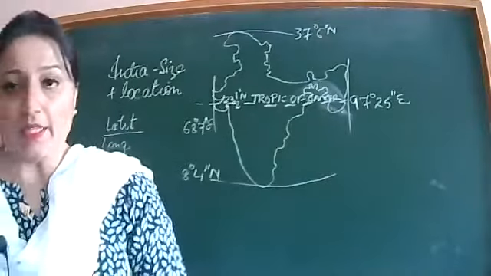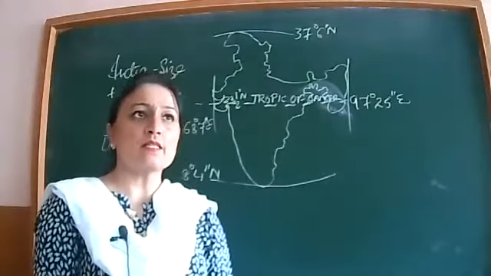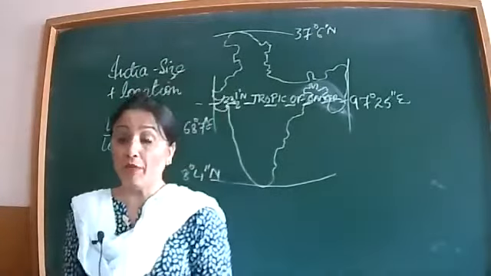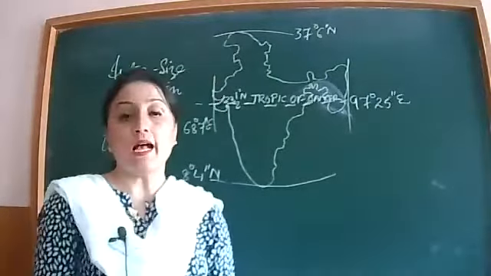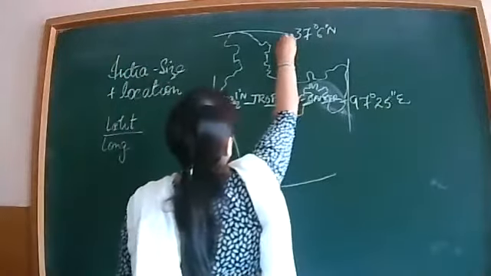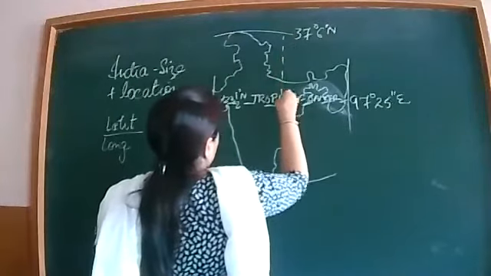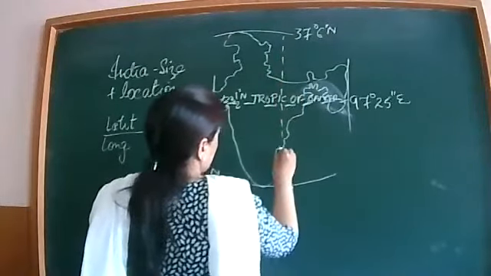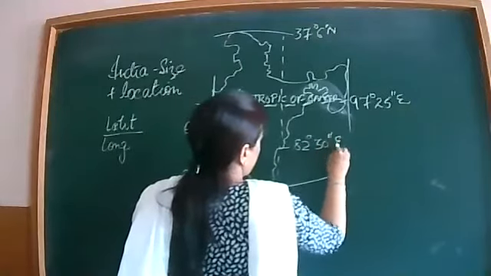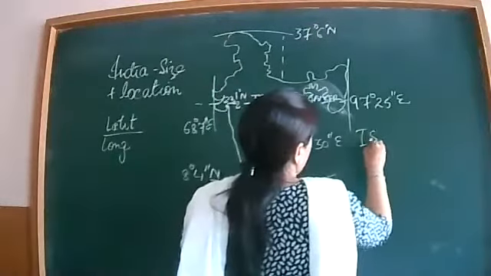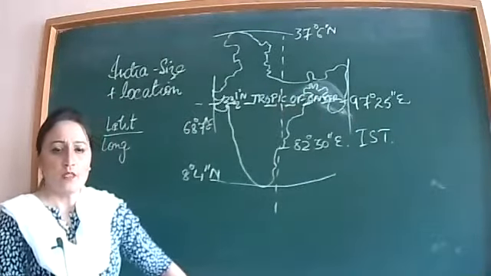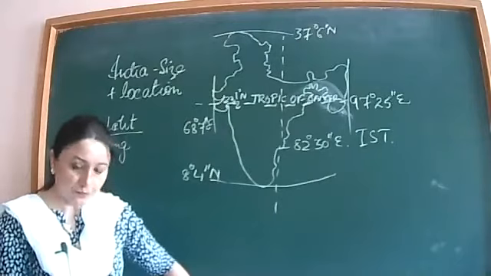Next, a very important longitudinal line from the Indian point of view is IST, Indian Standard Time. This longitudinal line, 82 degree 30 minute east, known as IST, passes through UP.